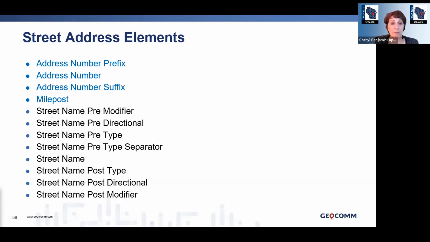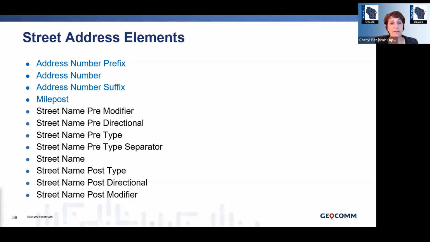Then there's another field called street name pre-type separator. And this is a rarely used field, but it's there for those occurrences where you have a pre-type that's then followed by some type of a prepositional phrase like the words of the, at the, in the, etc.